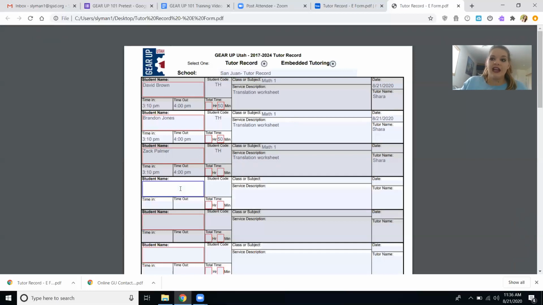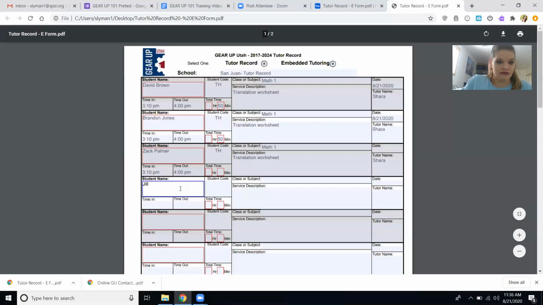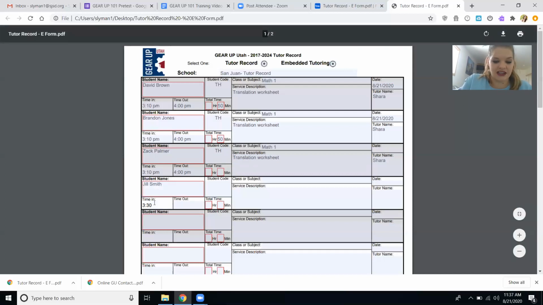But say, about 10 minutes later, they had texted their friend and said, hey, Shara is down here. She's helping us with our homework. Come down if you want. So let's say that Jill Smith's like, sweet, I need help with my history homework. Okay, so she didn't get there until probably about 3:30, but she did leave with them.